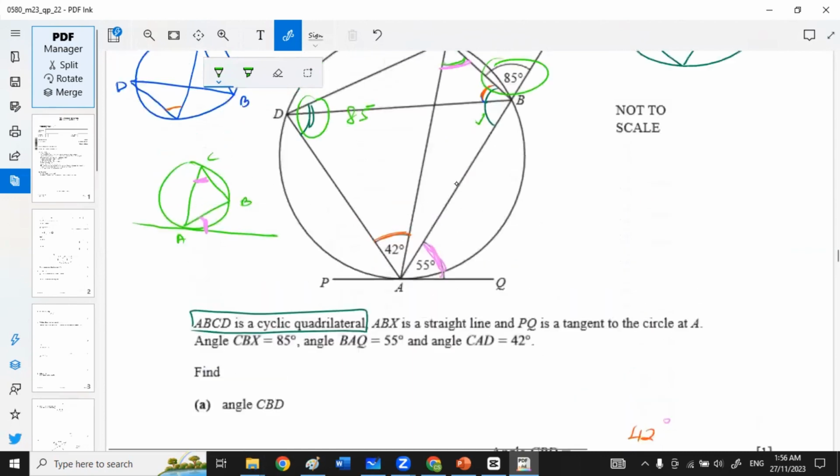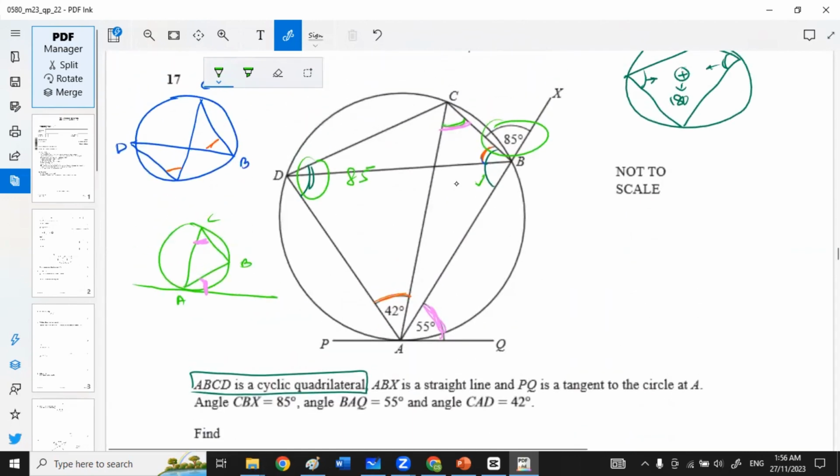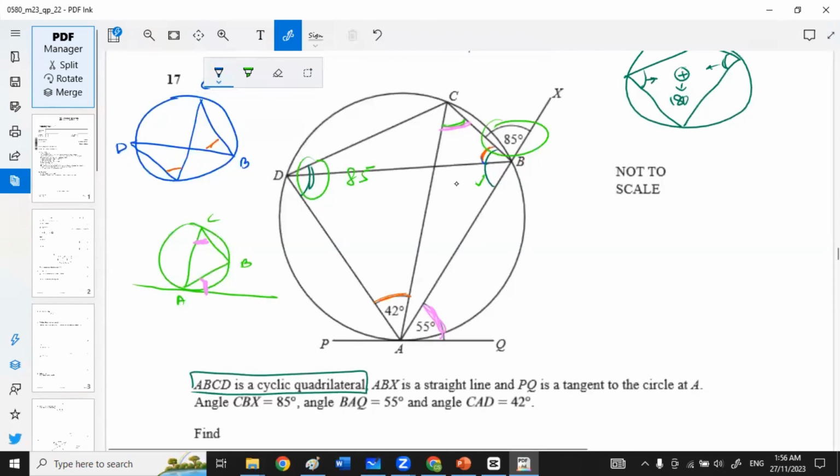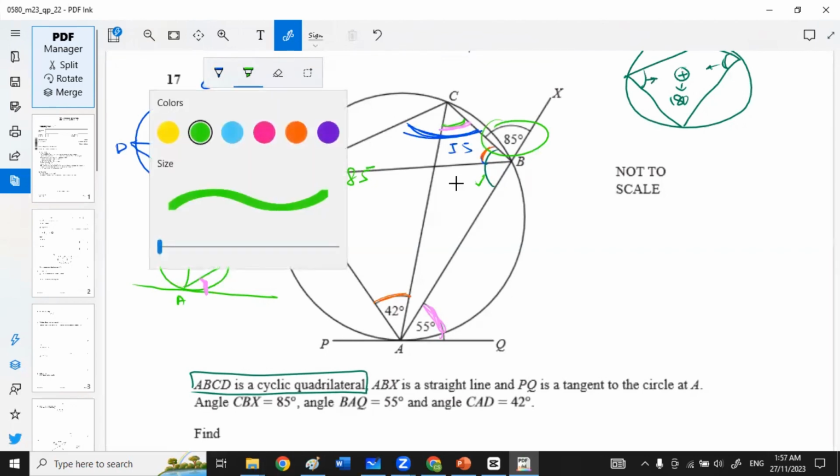Okay, angle BCD. This angle BCD. This is 55 here. So we need to find the other side. If you look closely, we have a triangle here.